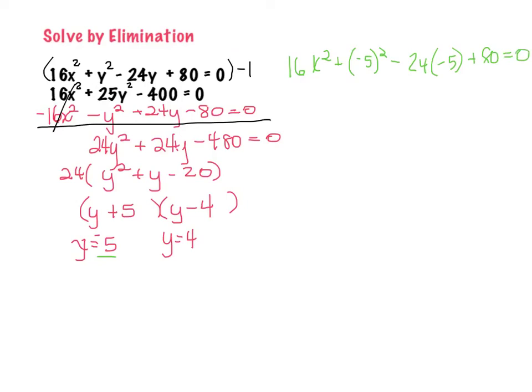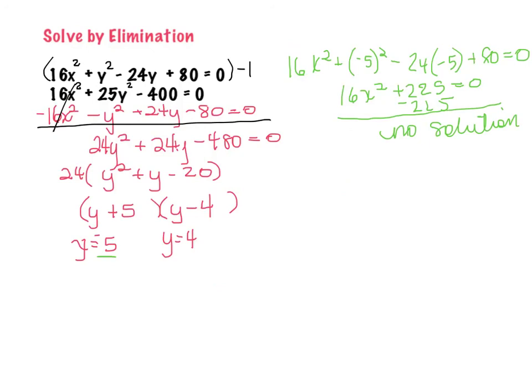And I'm going to end up with 16x squared plus 225 equals 0. And I know as soon as I subtract this 225 across, my answer is going to be imaginary. So there is no solution, or there are imaginary solutions when I plug in the negative 5.